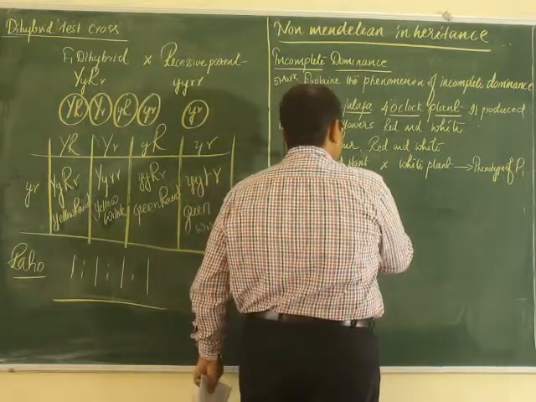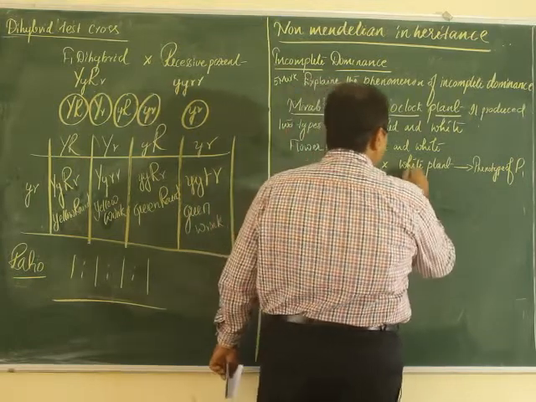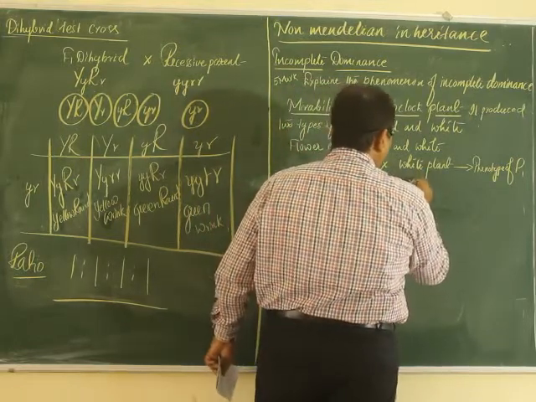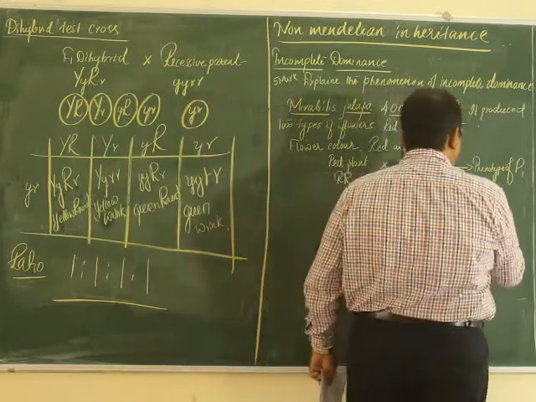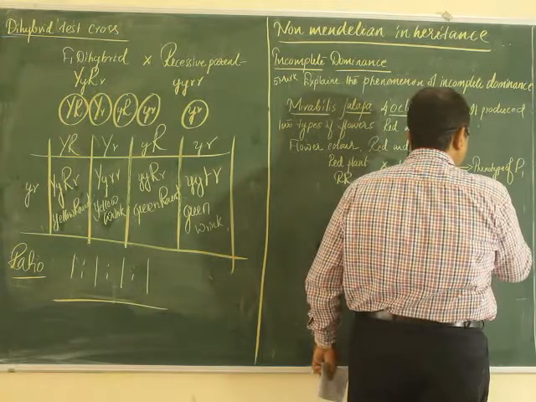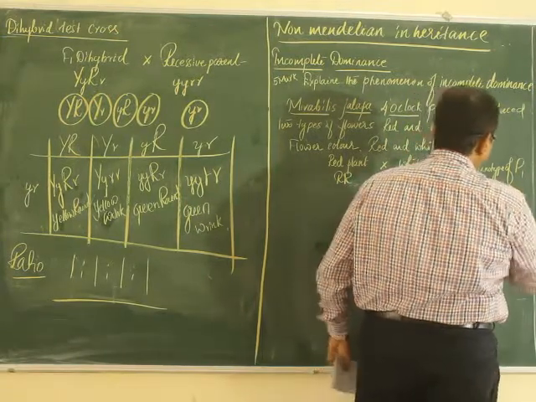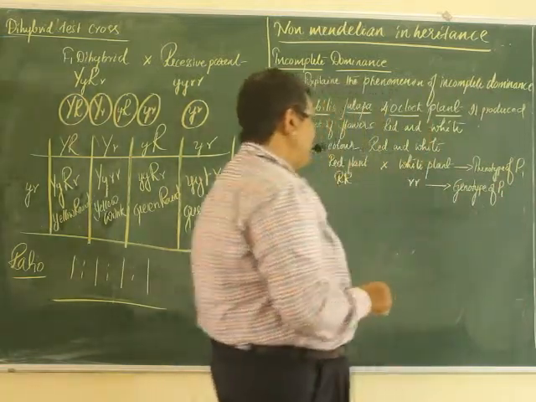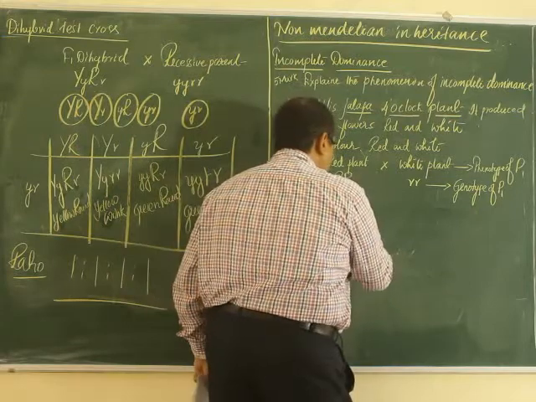Because red is dominant, they named it capital R, and white small r, and this is the genotype of P1.